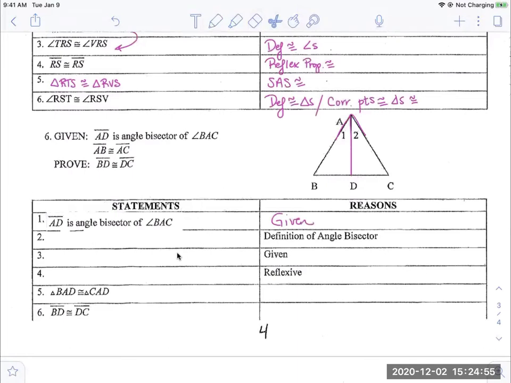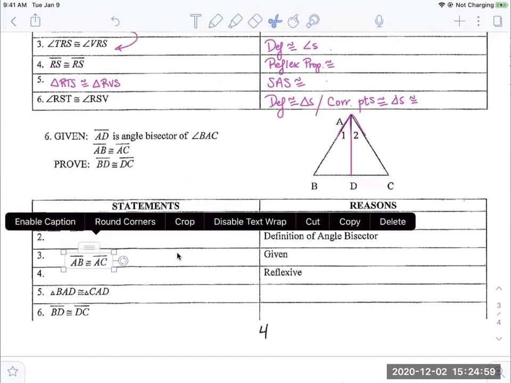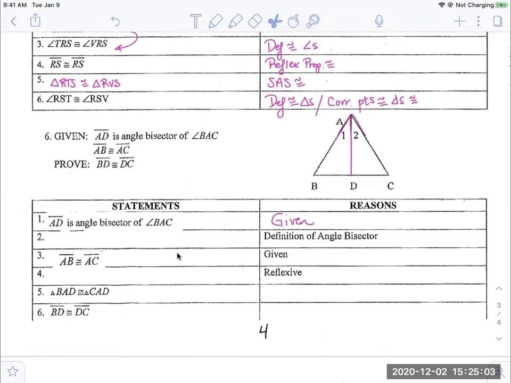And then our second given is that AB and AC are congruent. Okay, so to be an angle bisector means it cuts the angle in half. So it'll make angle 1 and angle 2 congruent.